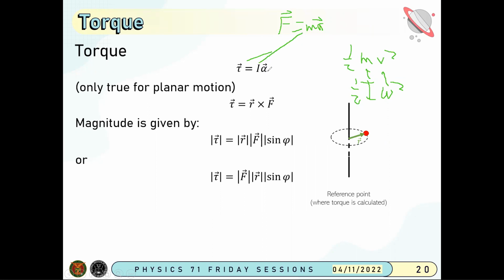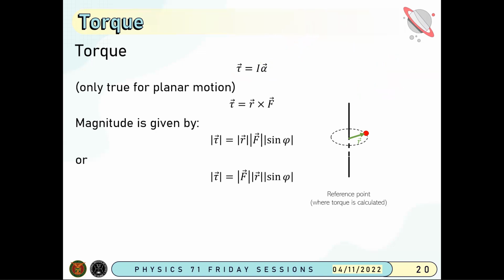And A, acceleration, is also analogous to the angular acceleration, alpha. Right? So kaya sometimes this equation is called Newton's second law for rotational objects or rotational motion. Kasi analogous lang siya dito sa F equals ma.